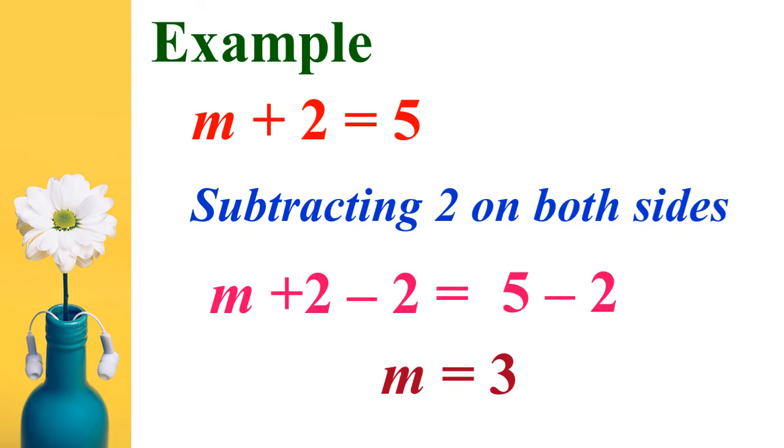So we get m equal to 3, because plus 2 minus 2 will be 0 and 5 minus 2 equal to 3. Hence the solution of the equation m plus 2 equal to 5 is 3.